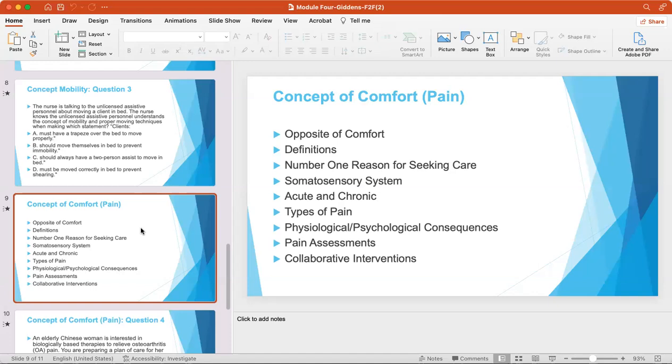Okay, and our next concept here is comfort, pain, right? That first quiz that you guys took in lab had a lot of questions regarding pain. And I looked at the questions, and a lot of people got a question regarding addiction incorrect. And just remember, whatever the patient says their pain is, that is what we have to treat, right?